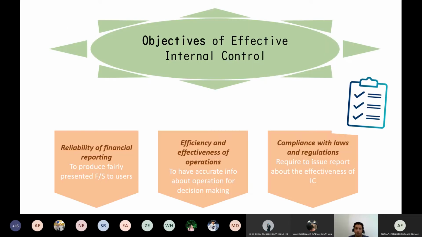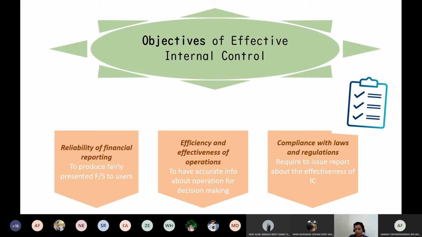So number one is the reliability of financial statements. It means that the effectiveness of internal control aims to enhance the reliability of financial statements.